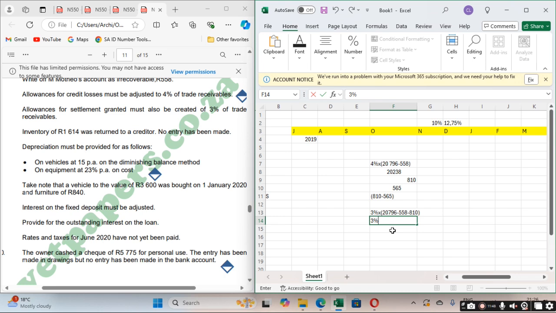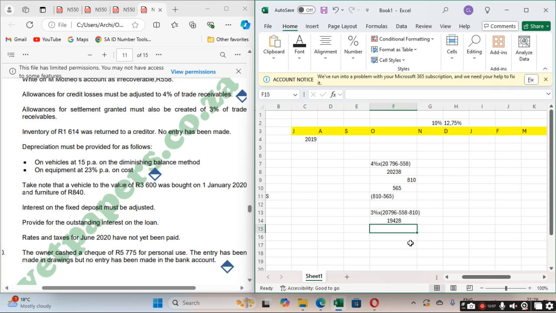So we say 3% multiplied by, let me get the answers first, which is 19428.